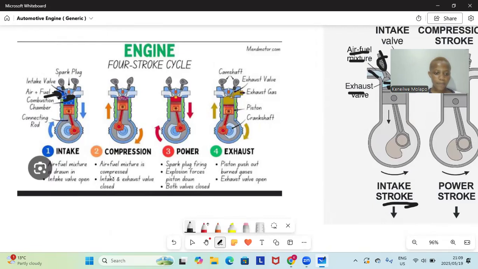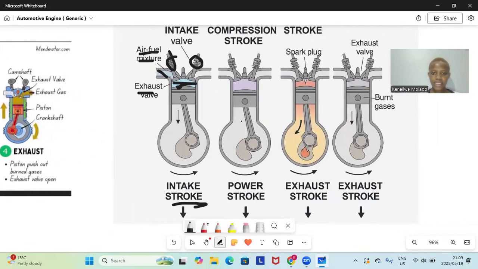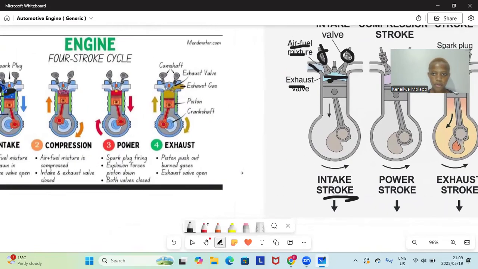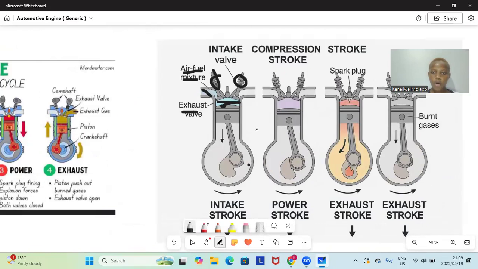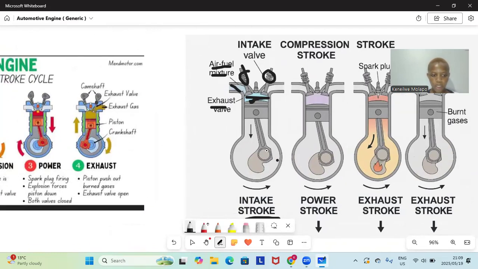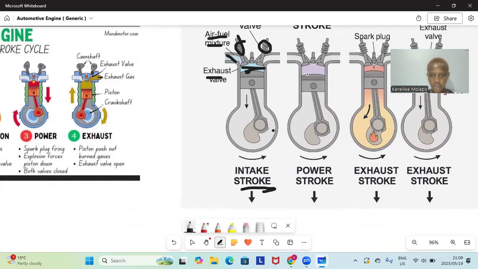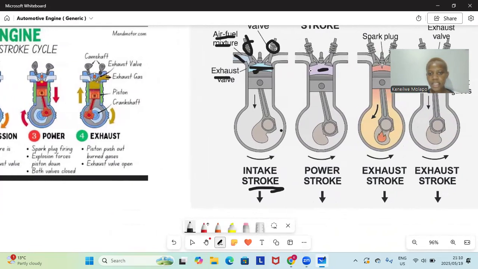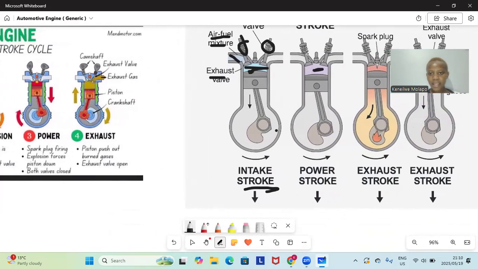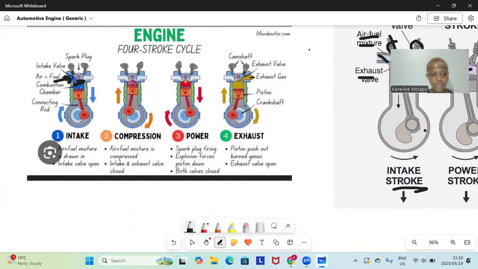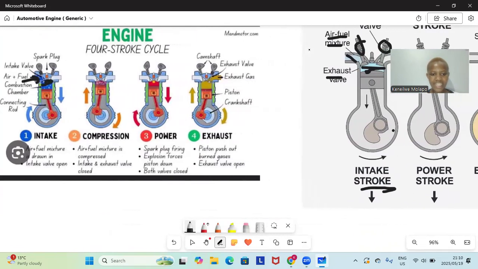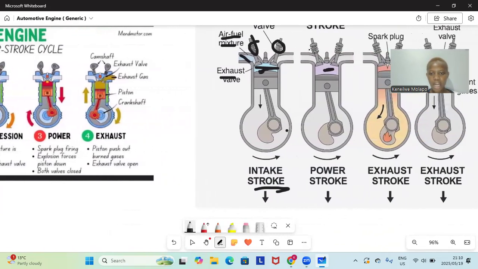Then for your compression, the air plus fuel is compressed, and intake and exhaust are closed. For your compression stroke, your air and fuel mixture here is compressed, which means the intake and exhaust valves are closed.